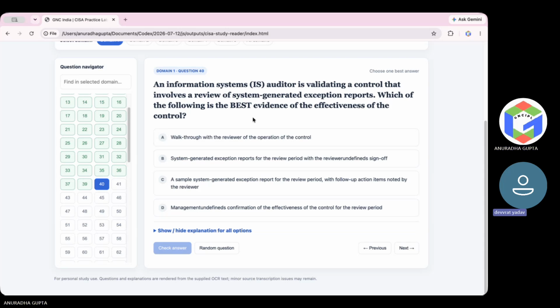Third is a sample system generated exception report for the review period with follow-up action items noted by the reviewer. And management confirmation of the effectiveness of the control for the review period. Management always lies.